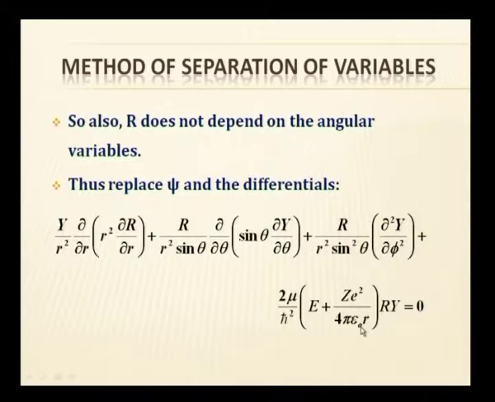What is epsilon naught? It is the permittivity of free space, multiplied by R into Y. Okay. That is the equation that you got.